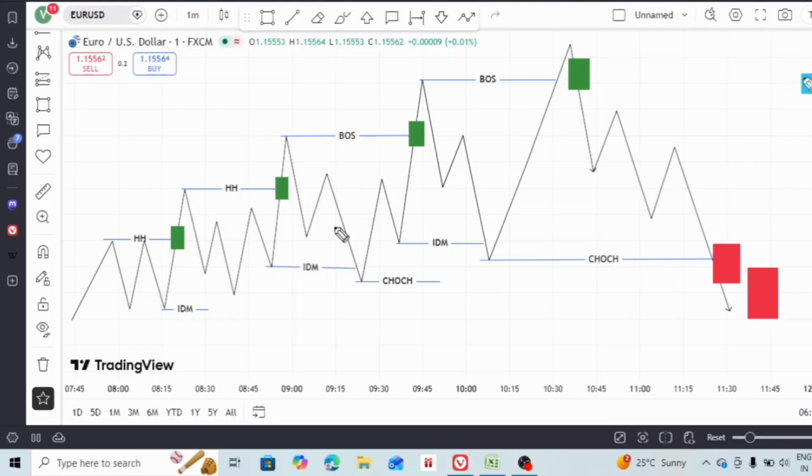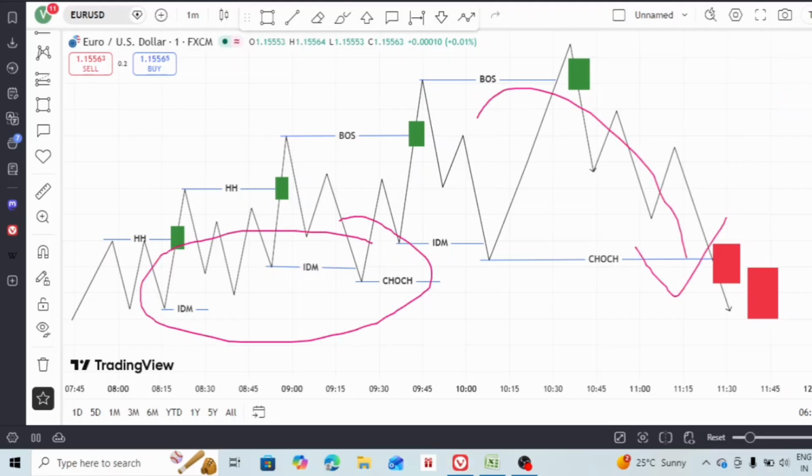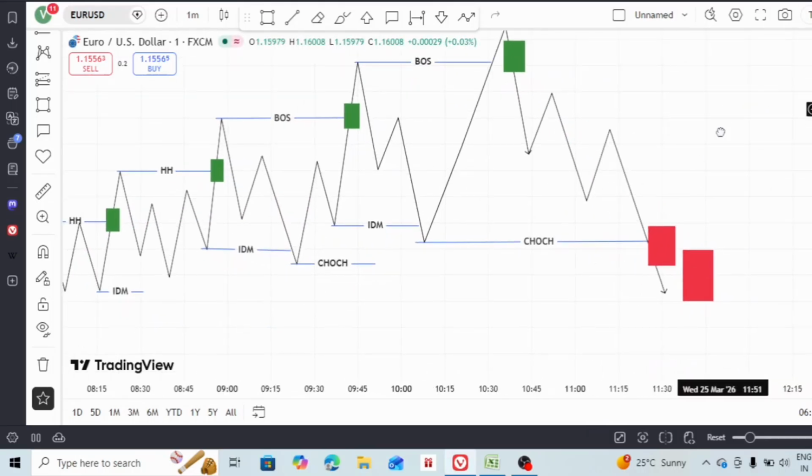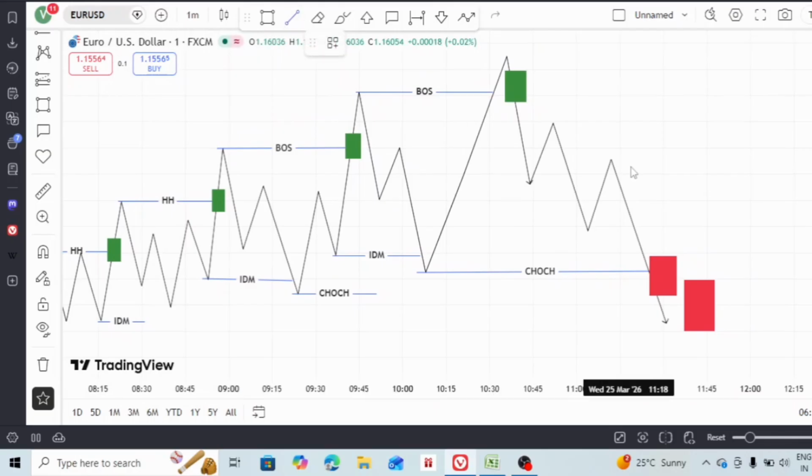So now you cannot take inducement from this side because the trend has already changed. So now where should you take the inducement and then the break of structure? This will be our inducement.